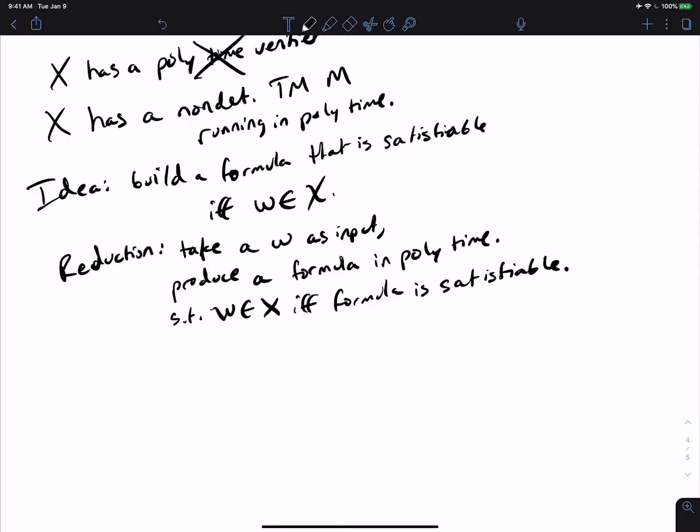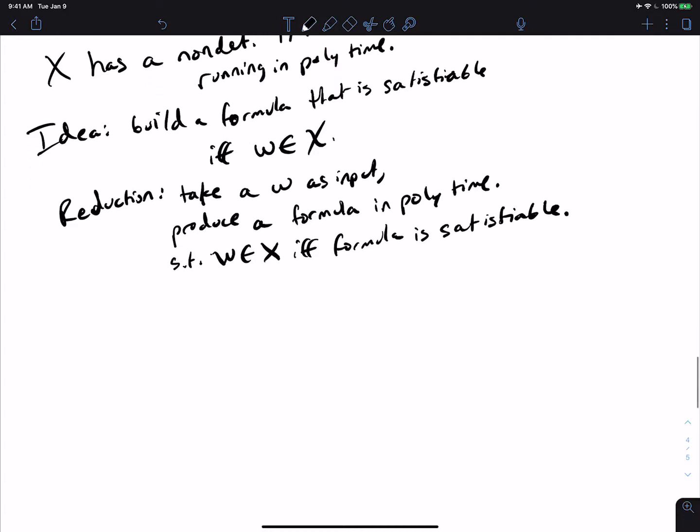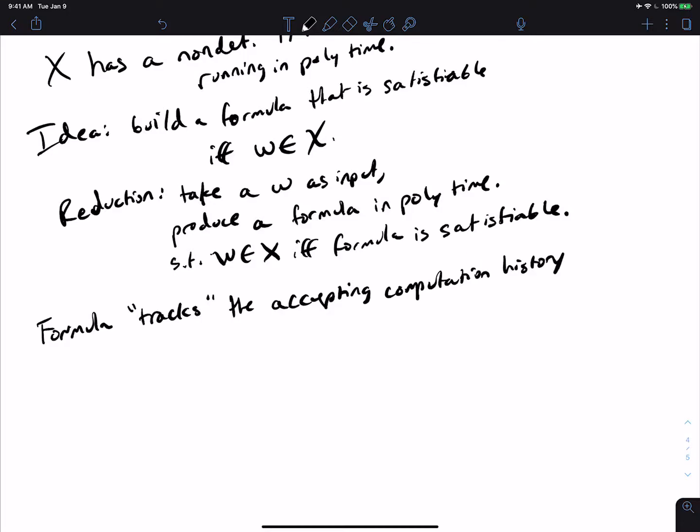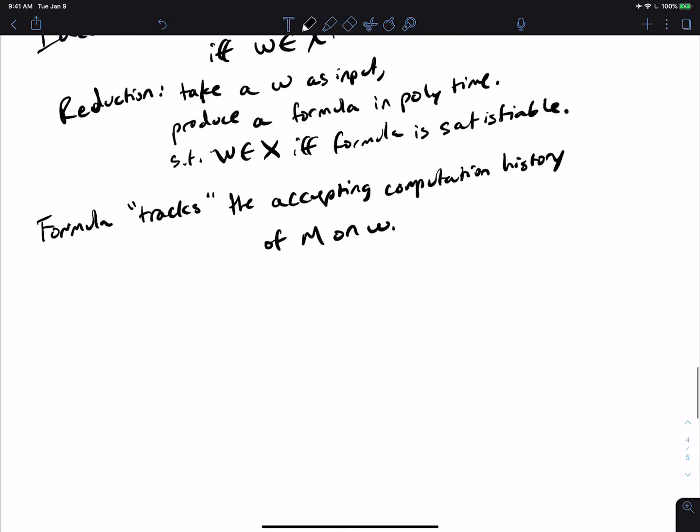That's literally what a reduction is, and as long as it runs in polytime, we're good. The only thing that we know about W is that it's an input to this Turing machine M up here. So what we do is make the formula track the accepting computation history of M on W. What's the property of this formula?